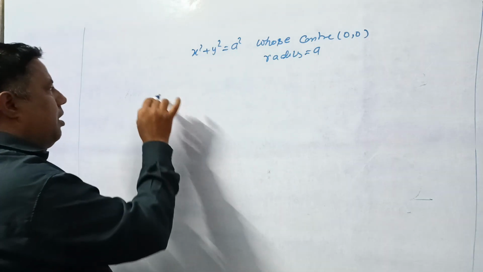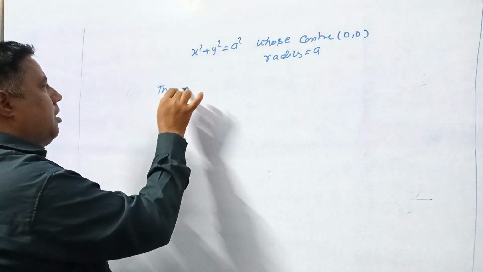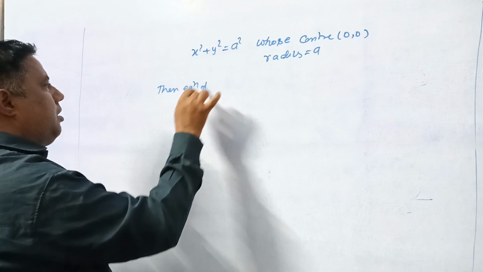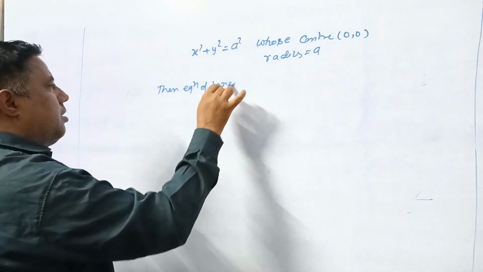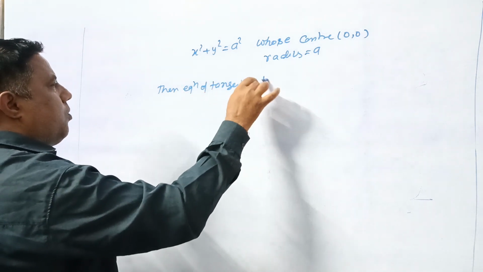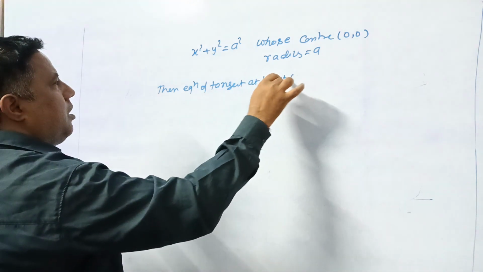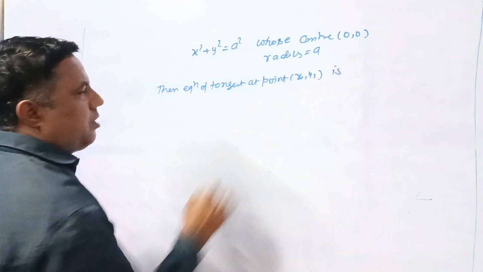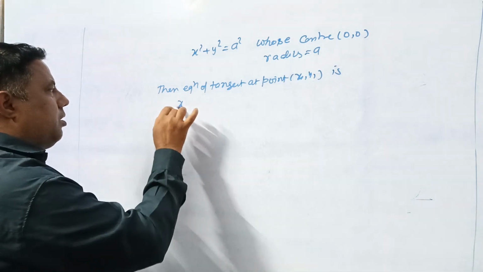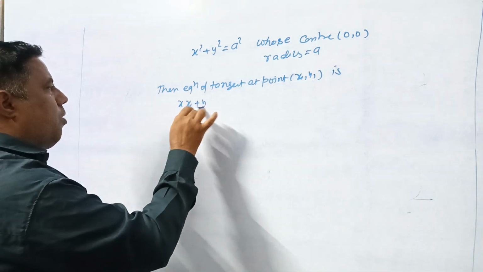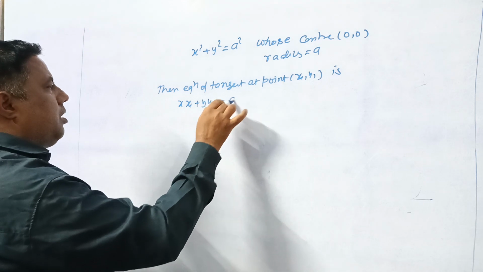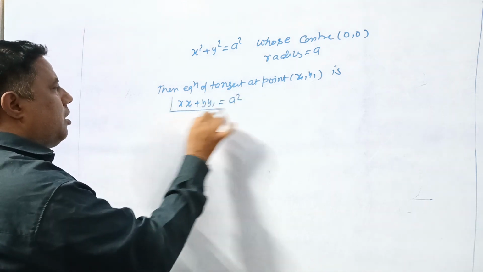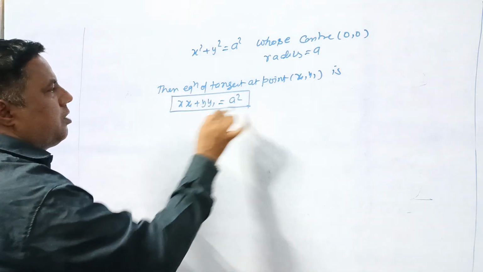Okay, then the equation of the tangent at point x1 y1 is x x1 plus y y1 equals a square. This is the equation of the tangent.